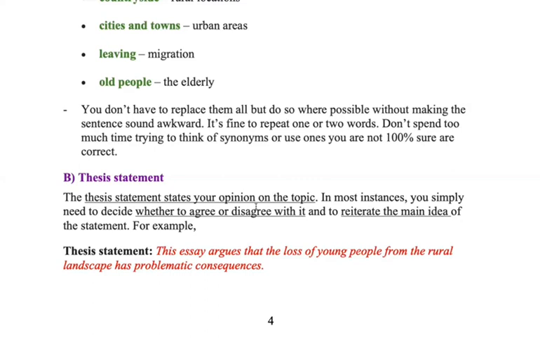When you are talking about the rural landscape, we are talking about everything you can see. So here it is about the countryside, the rural countryside landscape. Landscape is the countryside, so "rural landscape" is a synonym of countryside.